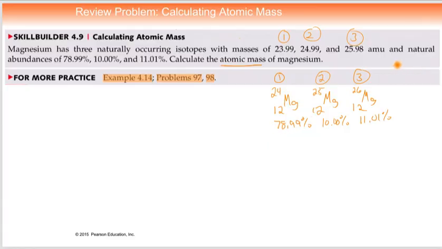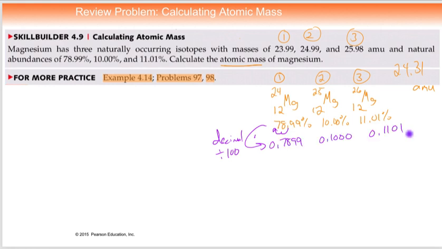Okay, so how do we calculate that 24.31 AMU from the periodic table? Well, the first thing we do is we want to convert the percentages to a decimal. And all you do there is you divide by 100. So it's going to push the decimal 2 places over. You take each of these values and multiply it by their mass.